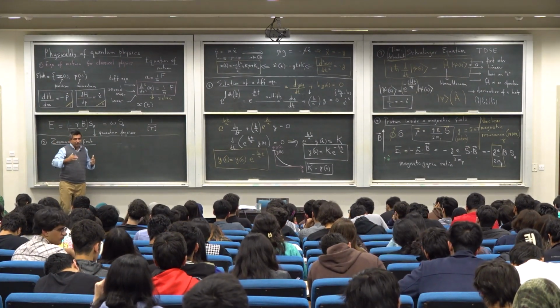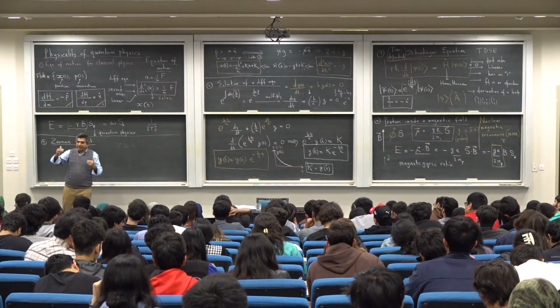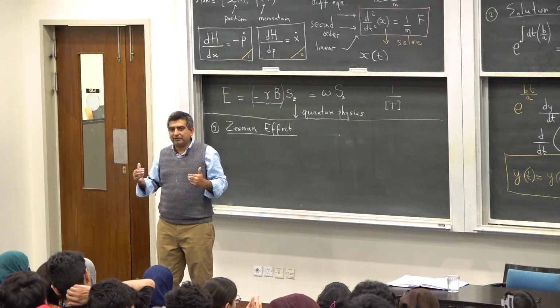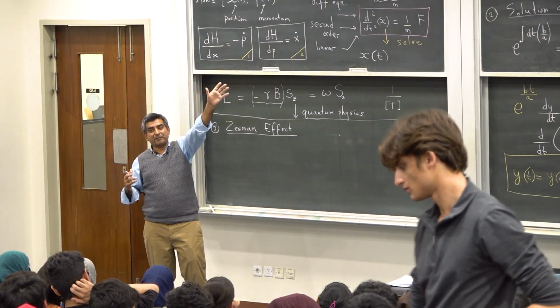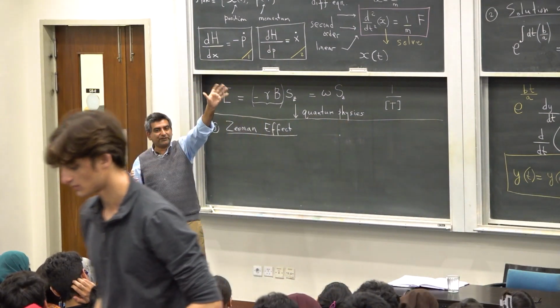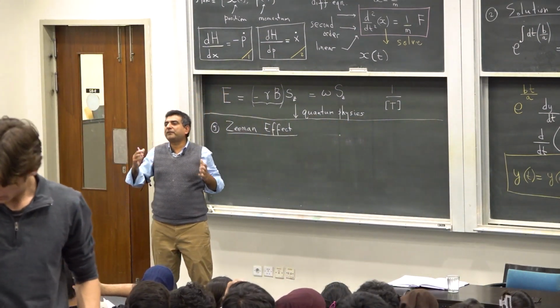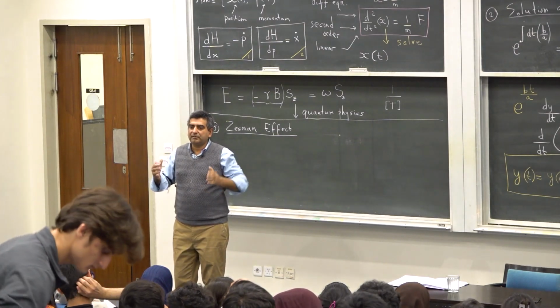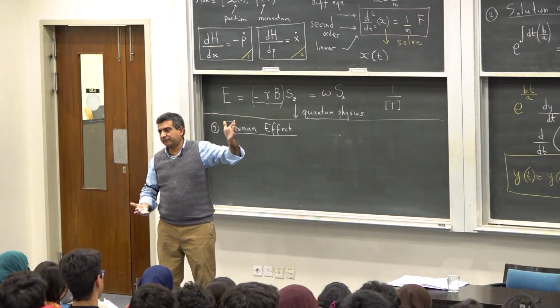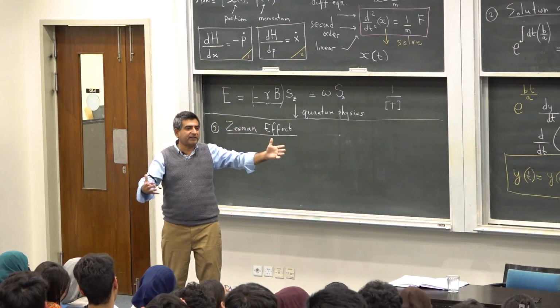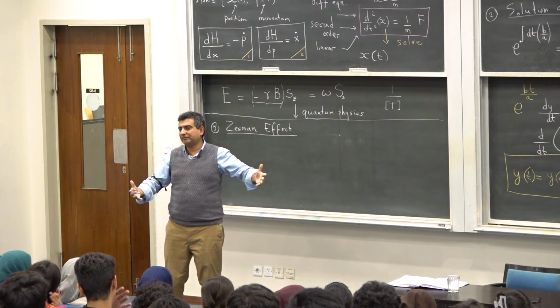Remember the quantum numbers for the electron inside the hydrogen atom? Remember the fourth quantum number, ms? What values could it take? Plus half and minus half. Because it was spin, the electron is a spin half particle.